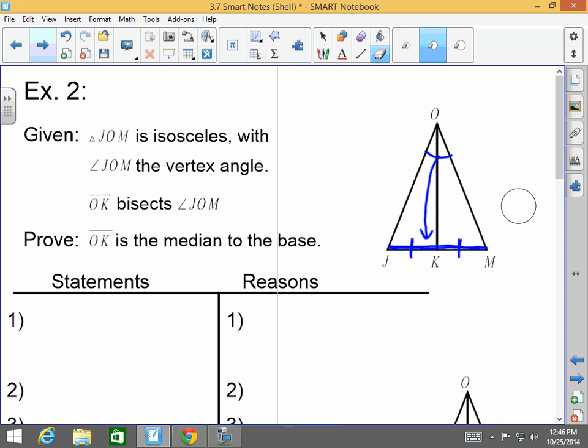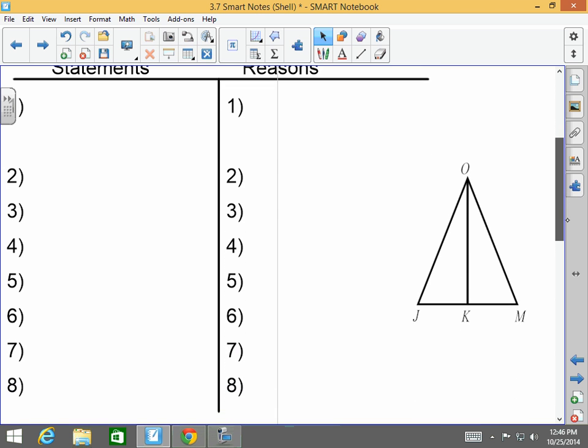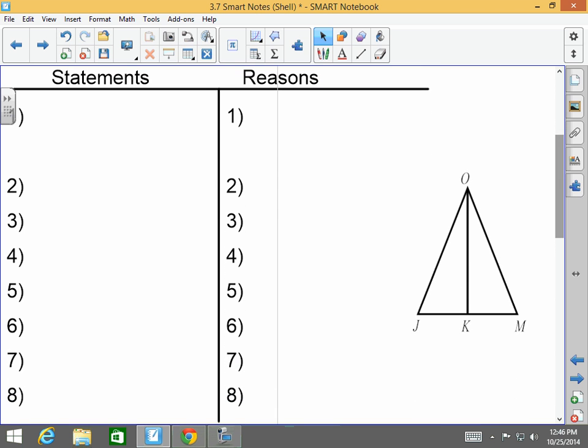All right? Now what I did here, because it's a long proof, I went ahead and redrew the figure so we can easily see how the proof works. Okay, number 1. I know that triangle JOM is isosceles with angle JOM as the vertex. That's a given.